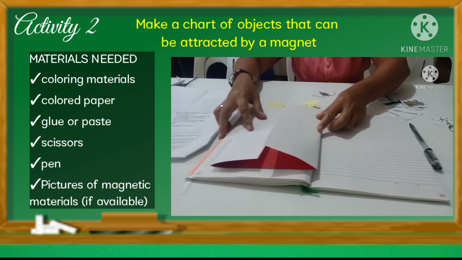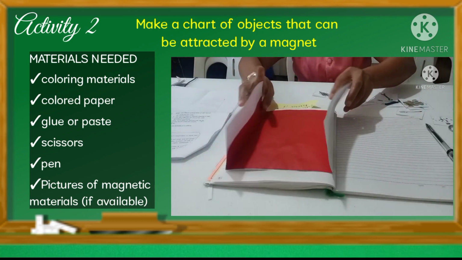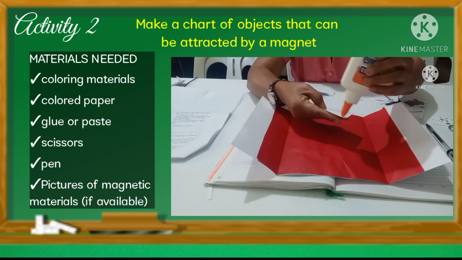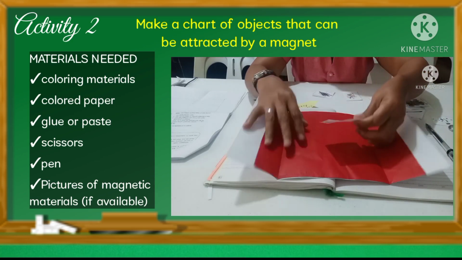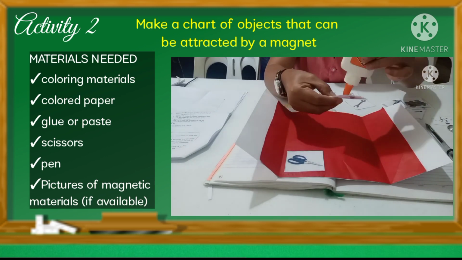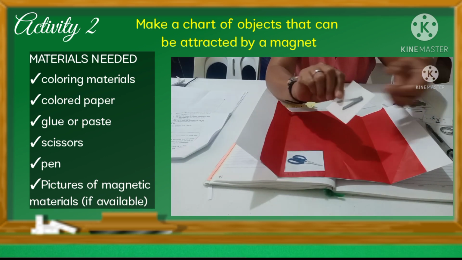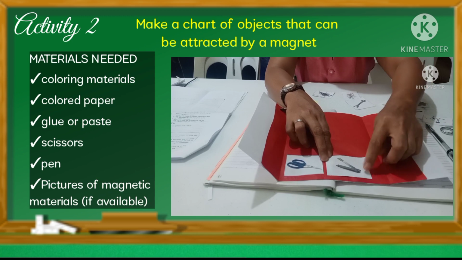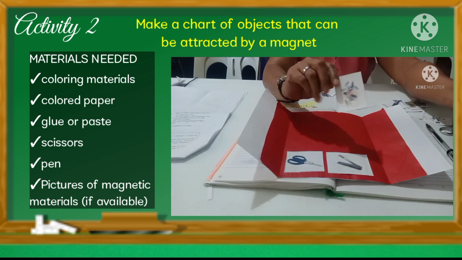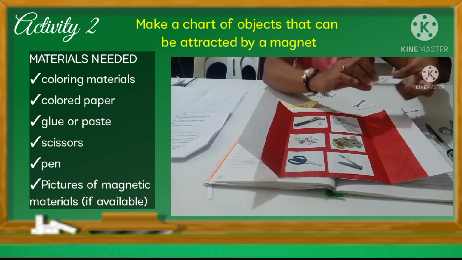Okay, after preparing all the materials needed, the next thing you do is cut or draw the pictures that can be attracted by a magnet, such as scissors, paper clip, nail cutter, spoon, fork, coins, staple wire, nail, and so on. Then start making a layout of your chart.